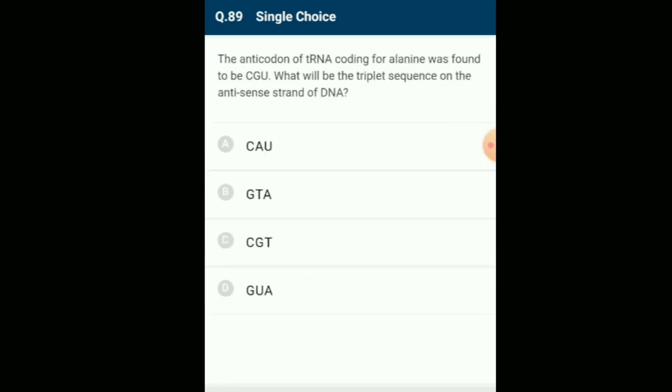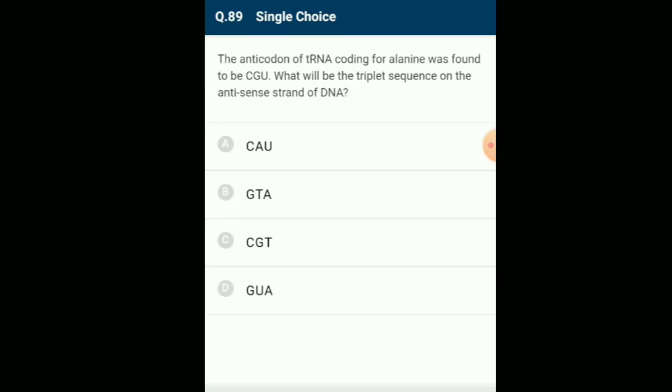Question number 89. The anticodon of tRNA coding for alanine was found to be GGU. What will be the triplet sequence on the antisense strand of DNA? Anticodon is the triplet found on tRNA which is complementary to mRNA, and the mRNA is complementary to the template, that is the antisense DNA strand used in transcription.